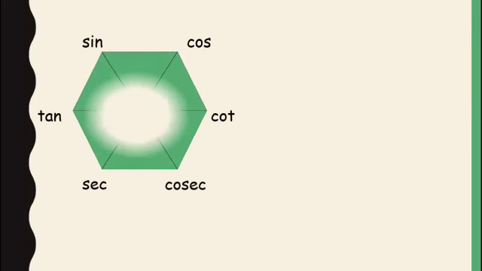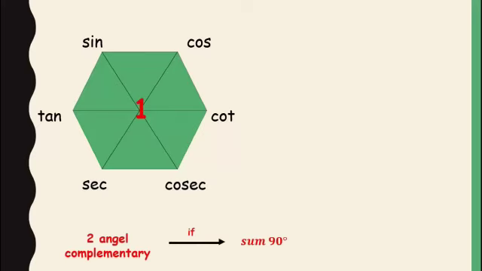Let's draw the superhex again. Do you remember complementary angles? Yes, two angles are complementary if their sum equals 90 degrees. And trigonometric functions have a special relation with complementary angles. You get this row. What does it tell us about sine and cos?